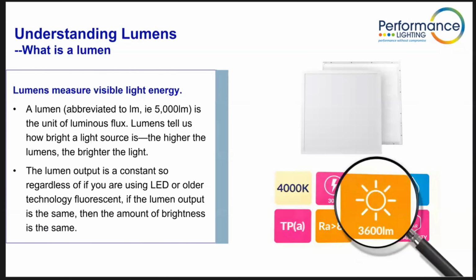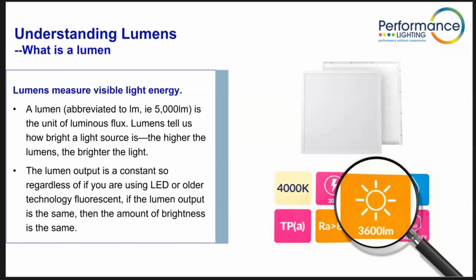Now, what a lumen is, it's very different. The lumen is actually the amount of luminous flux, so the total amount of visible light that the eye sees, and that's measured in lumens. People often get confused between lumens and watts, and they think the higher the wattage, the brighter it is, but that's not necessarily the case these days, especially with LED.